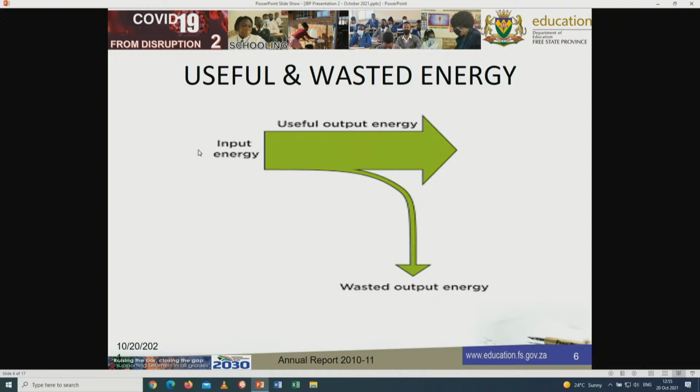It will come in as an input energy. It will be used where it's supposed to be used.